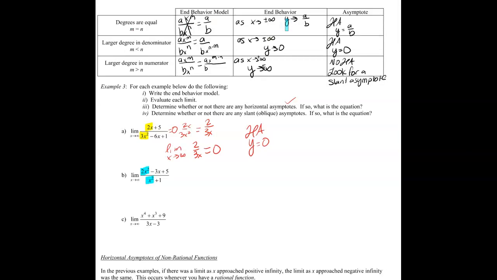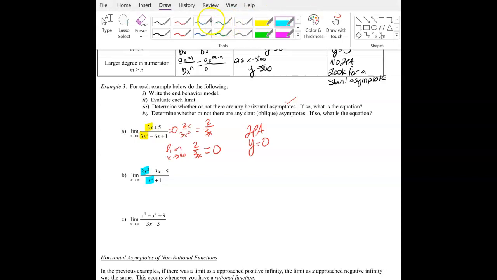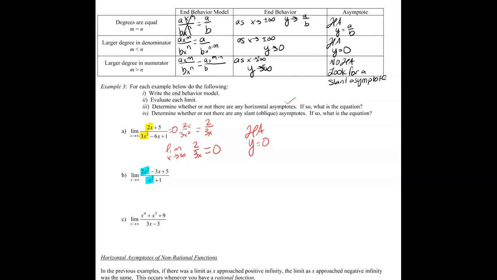Alright, next one, again all I care about is this lead term. So I would have 2x squared over x squared. Well, the x squared is going to cancel out, leaving me with just 2. That is my end behavior model. So the limit as x goes to infinity is also going to be 2.